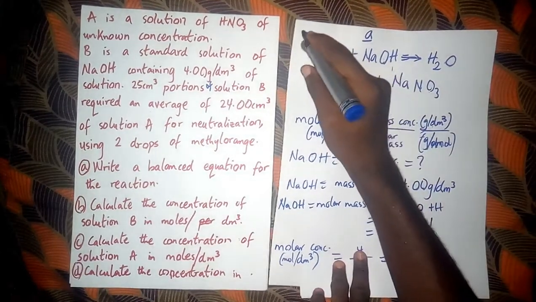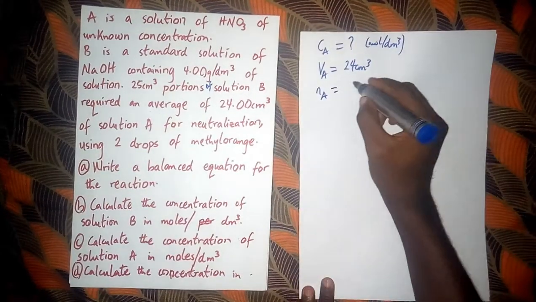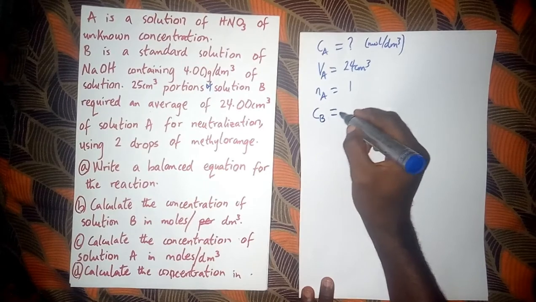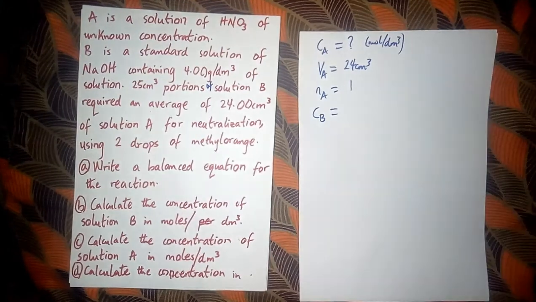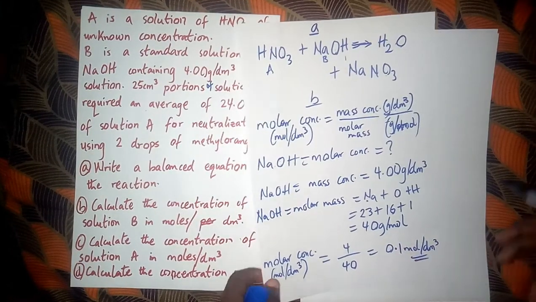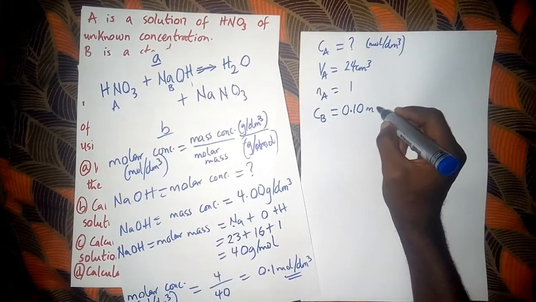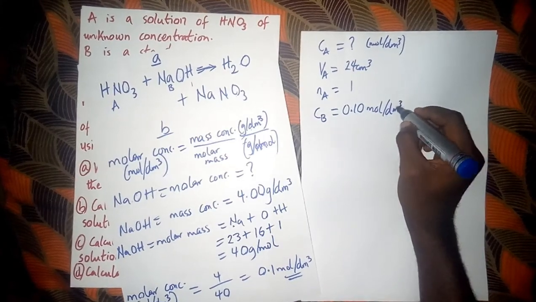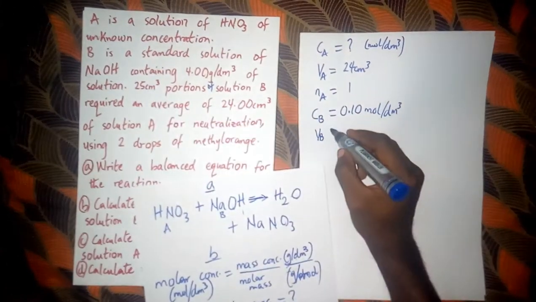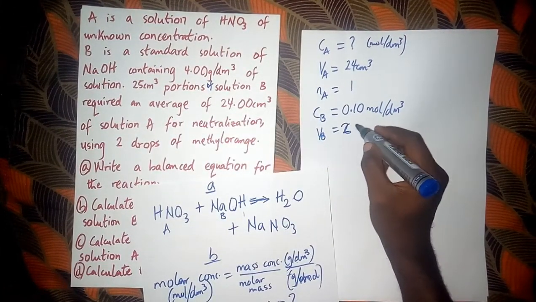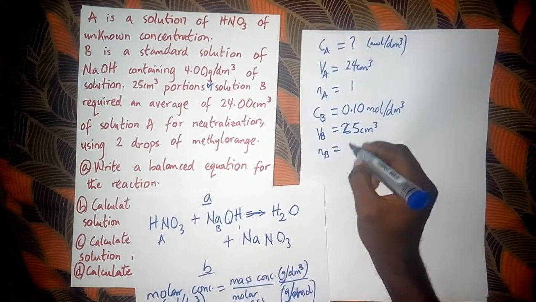For B, the base, CB is 0.1 mole per dm cube, the volume of base is 25 cm cube, and the number of moles is 1.